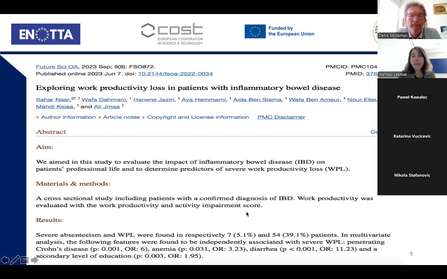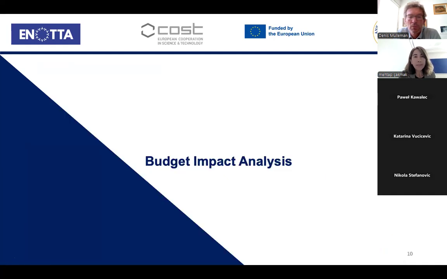In this article, it was aimed to evaluate the impact of inflammatory bowel disease on patients' professional life and to determine predictors of severe work productivity loss. And when we looked at the results, we see absenteeism was calculated. And in multivariate analysis, work productivity loss in these patients is analyzed and reported in the results.